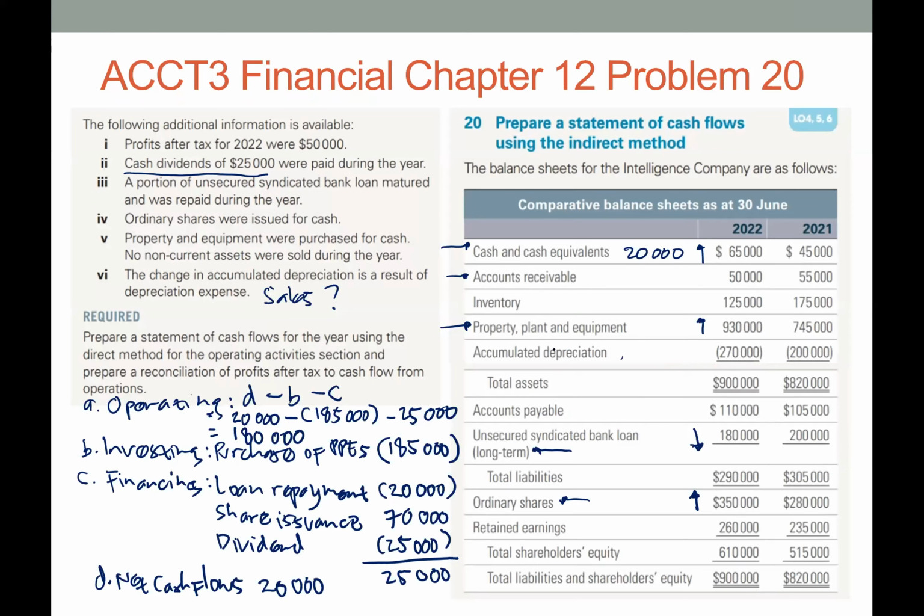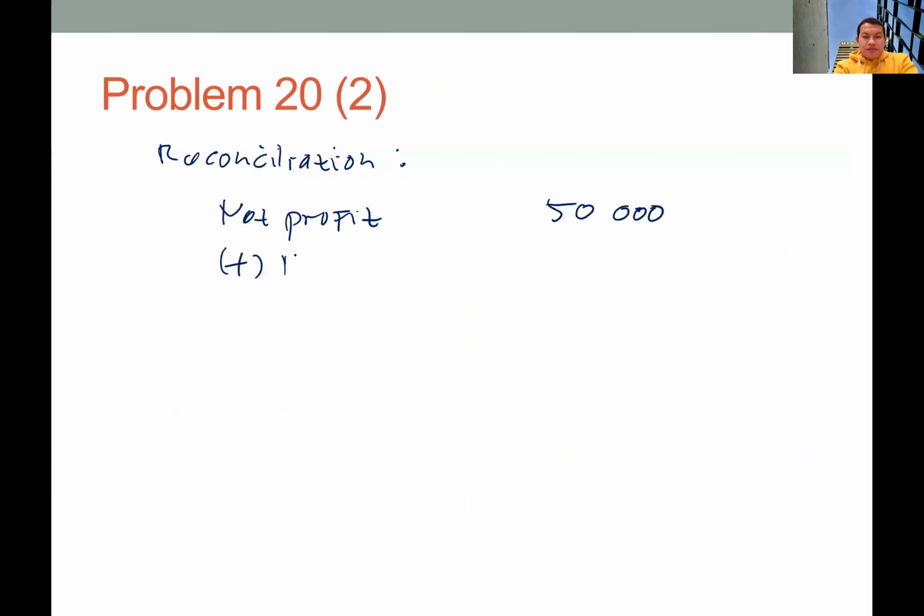So it's 70,000. So this is the depreciation basically. Okay, so we add this back to the profit. So depreciation is 70,000.